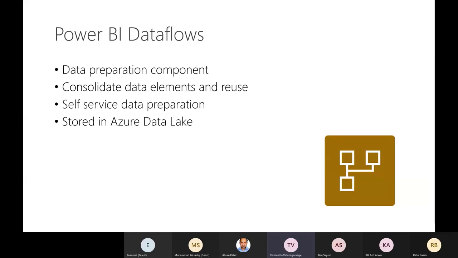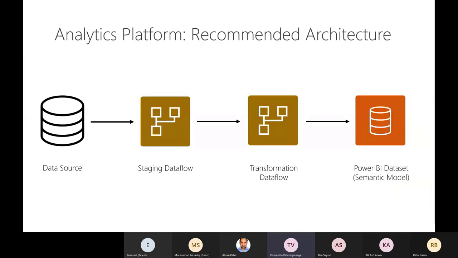Let's move further into the recommended architecture for analytics platforms with the use of Power BI. So this is the recommended architecture. If I quickly get you through this, explain the entire process that's here. We have a data source, a staging data flow, a transformation data flow, and a Power BI data set, which is the semantic model at the end.